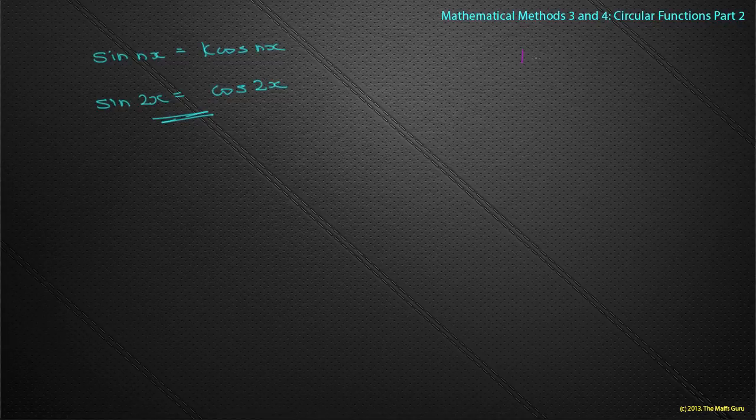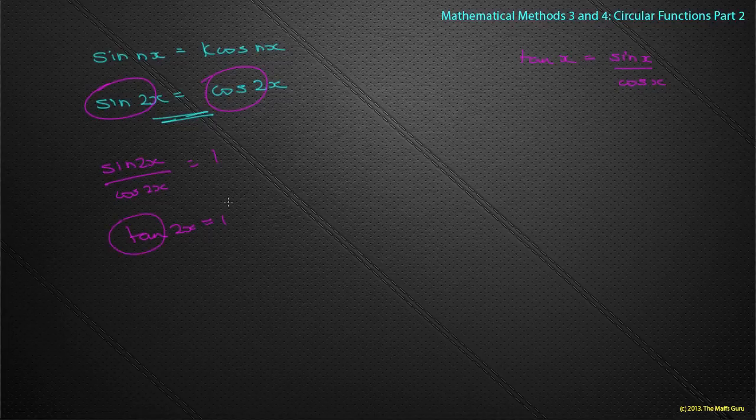It uses the idea that tan of x is equal to the sine of x divided by the cosine of x. If you have a sine and a cosine in the same equation, looking similar like this, they're just asking you to divide, because sine of 2x divided by the cosine of 2x is equal to 1, as you divide both sides by cos 2x. You have tan of 2x equals 1.